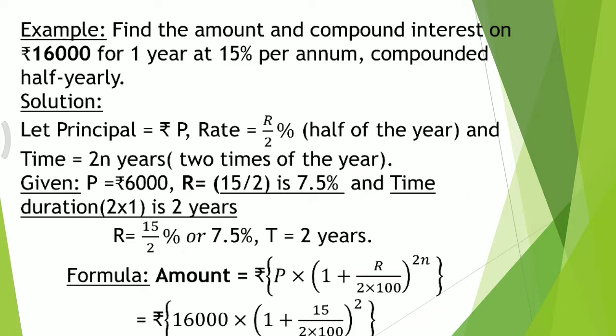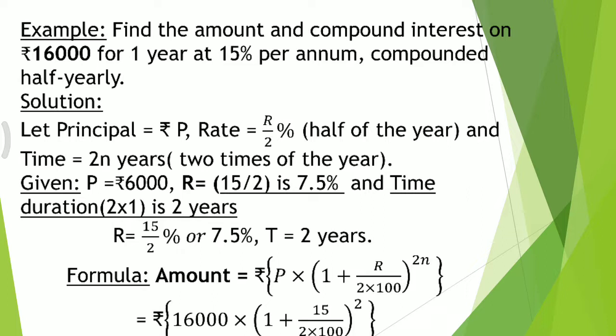I'll explain that once you learn and apply it. The example is, find the amount and compound interest on rupees 16,000 for 1 year at 15% per annum, compounded half yearly.